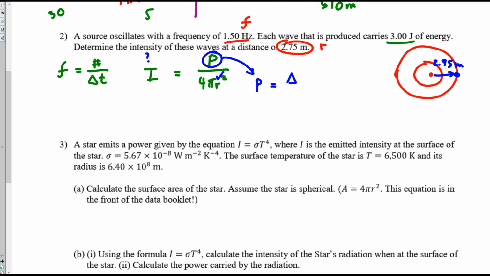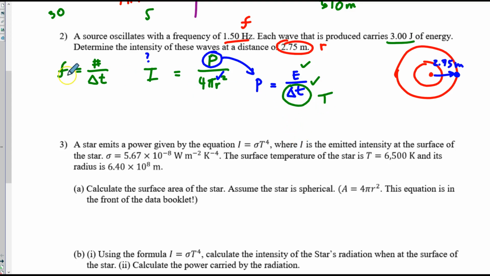Power is the energy divided by the amount of time. Well, I know the energy in one cycle, the energy corresponding to one wave cycle is 3 joules. Can I find the time for one wave cycle? Wait a second, the time for one wave cycle is just period, right?